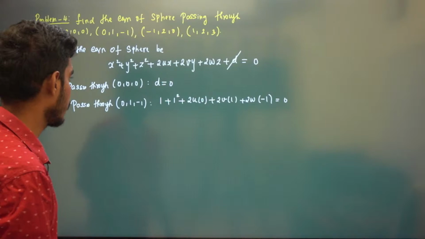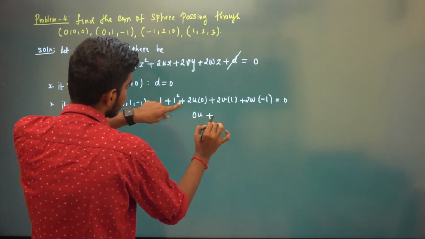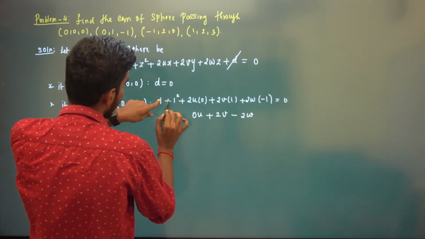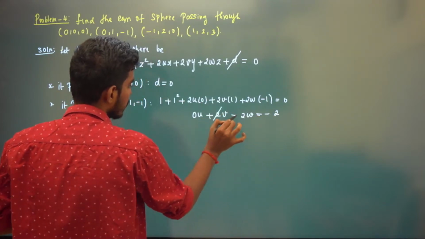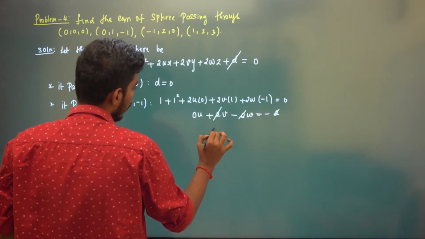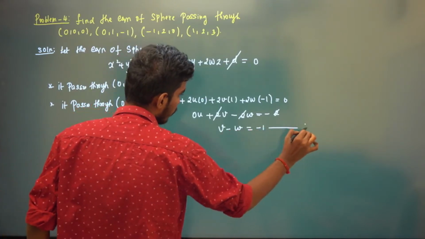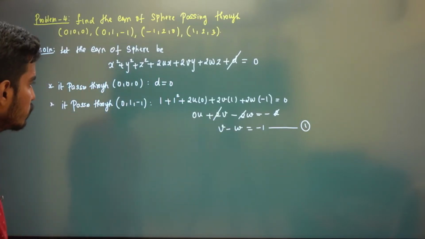So you will have 0u + 2v - 2w. 1 plus 1 is 2, bring that to that side, so we will have -2. Cancel 2, 2, 2. So the first equation is v - w = -1.